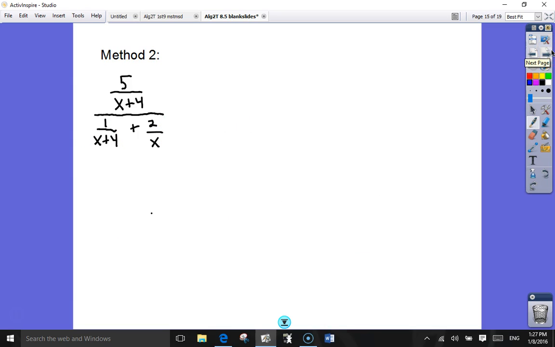So, in order to do the second method, we need to find the least common denominator for all the inner fractions. In this case, in fact, it's going to be the same as the denominator that we already did. So this is x times x plus 4. This is the LCD for all the inner fractions.